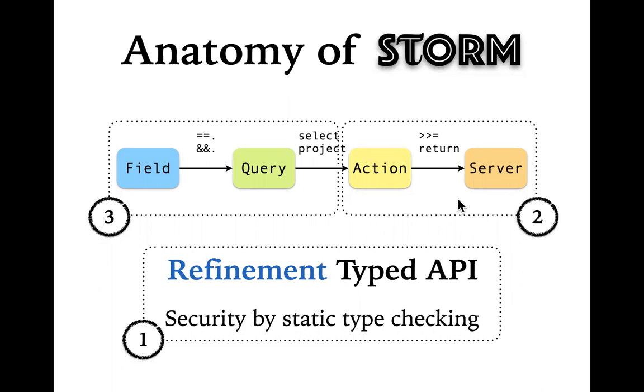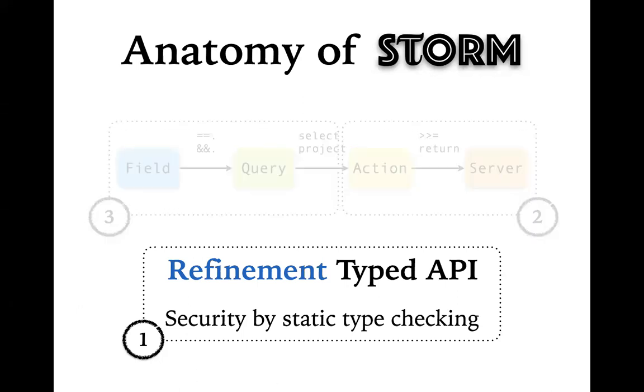Next, I'll explain what these actions are and how we compose the actions together to build up a whole server, and how exactly information flow tracking happens there. And finally, in the third part, I'll explain how these actions get connected to the queries, the underlying database queries, and how those are connected with the policies. Okay, so let's keep this roadmap in our head.